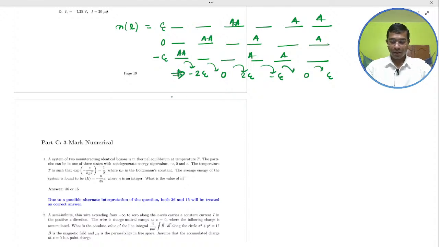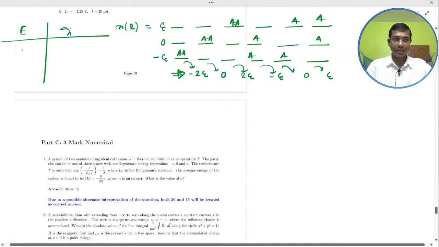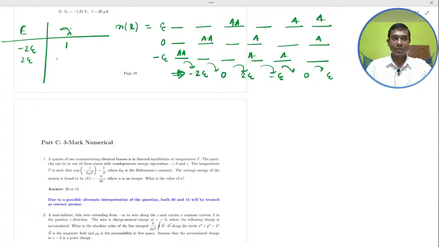So now the energy of each microstate and the degeneracy. Here the energy minus 2 epsilon, degeneracy 1. 2 epsilon is 1, minus epsilon is 1, epsilon is 1 and 0 is 2.